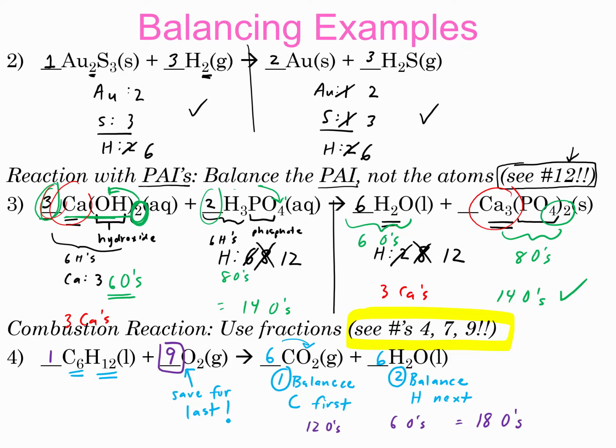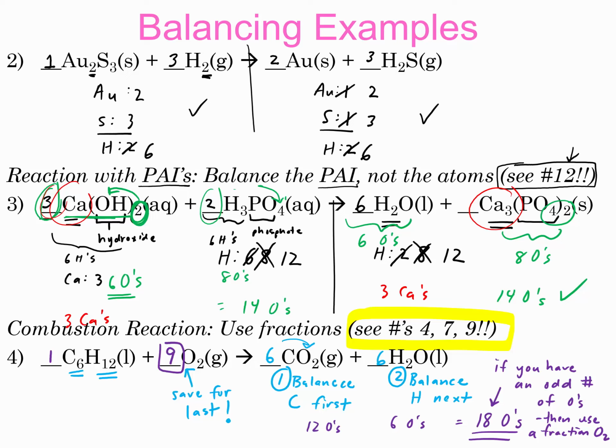If you happen to have an odd number of oxygens on this step, then use a fraction on the O2 on the reactant side. So what I mean is, let's say this was 19 instead of 18. Then it won't be a whole number.